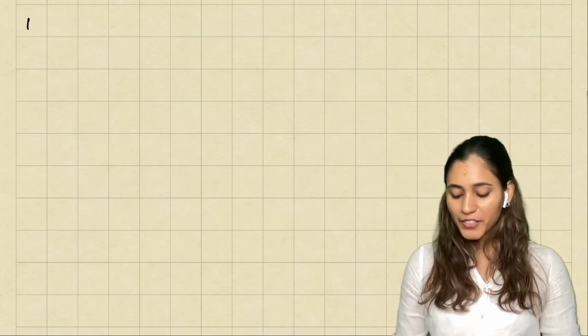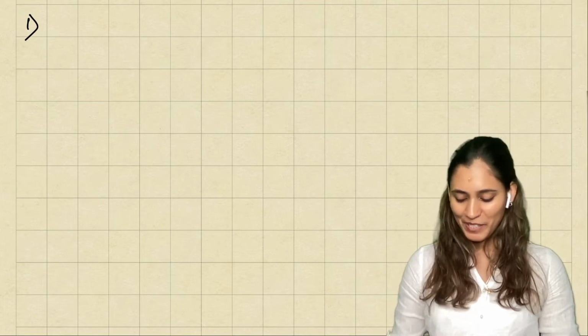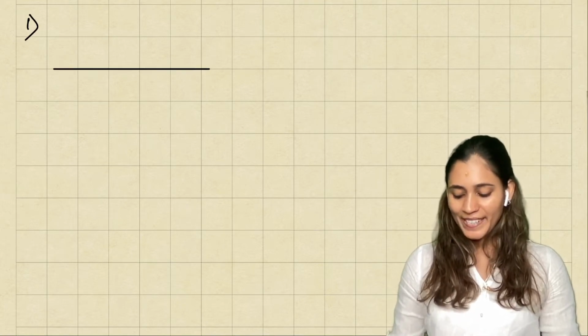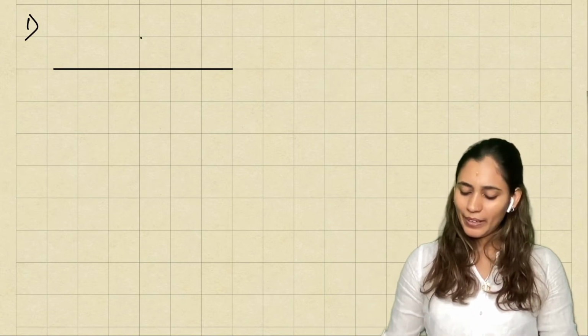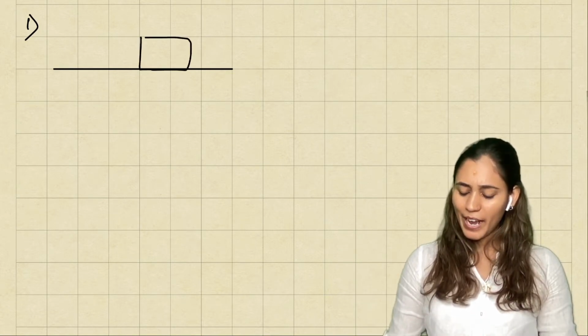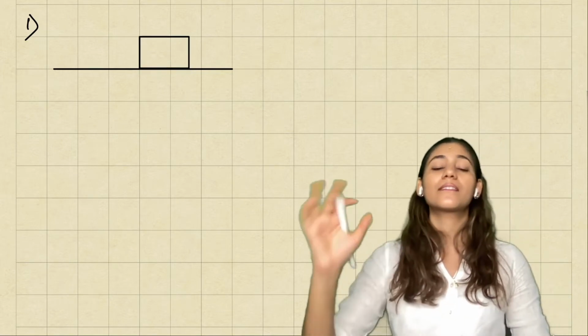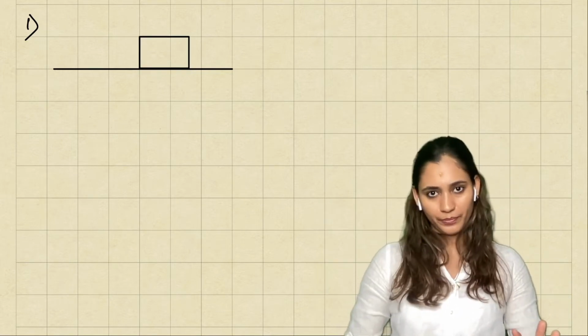The first experiment which we will perform is this: let's say this is the table and the surface of the table, and we have one object resting on the surface of this table.